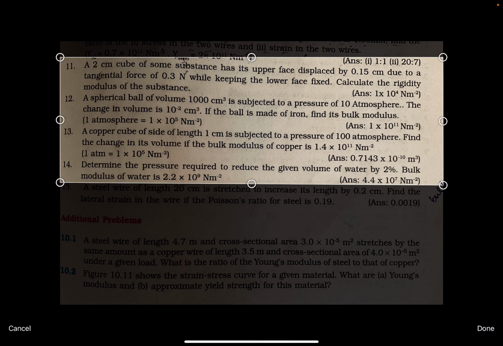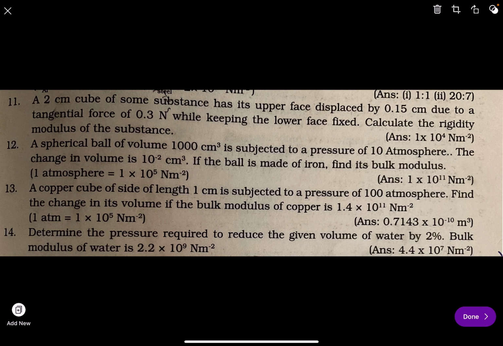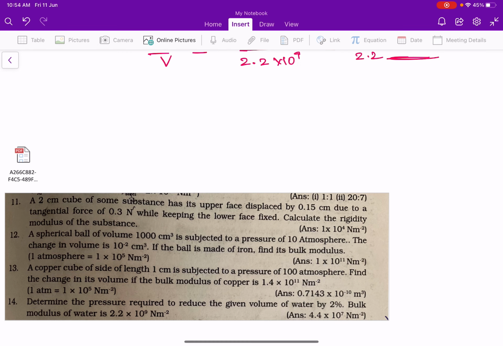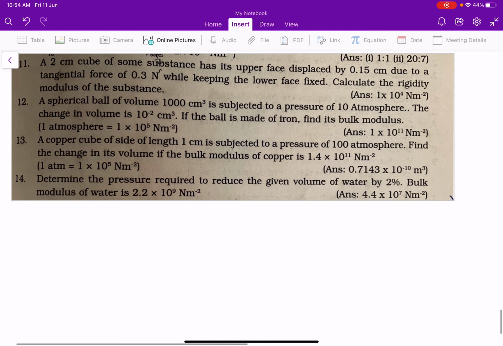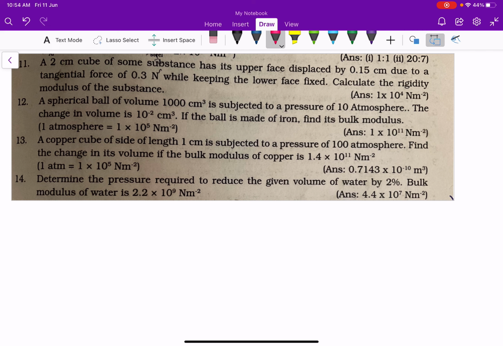These are going to be homework for you. I am going to give you just clues for these 4 problems. I am going to discuss the 11th problem first.